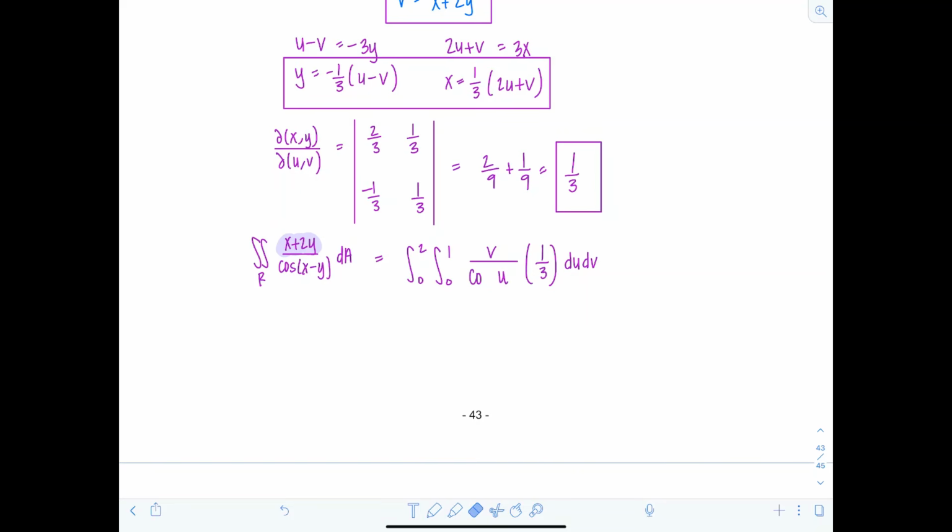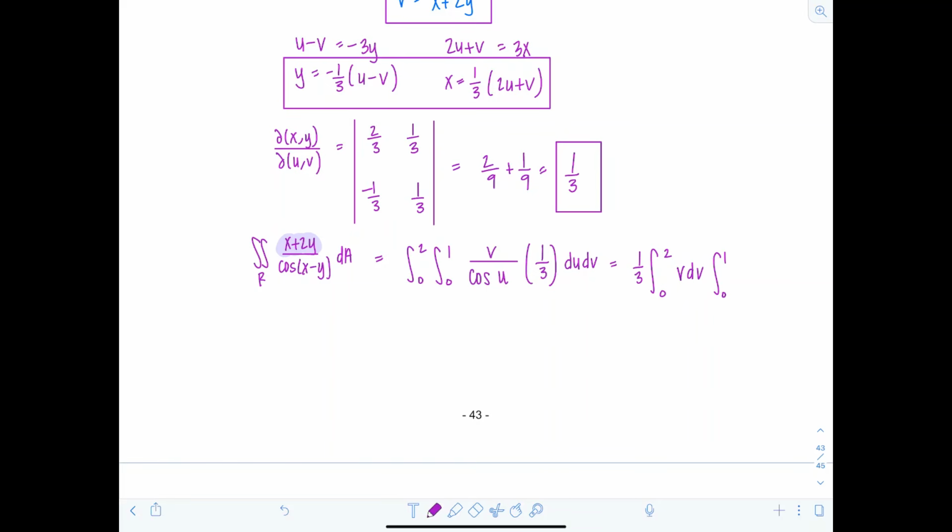All right, now notice here, all my limits are constants, and then the integrand is a product of a function of v and a function of u. So I can actually split this up into two integrals for functions of a single variable. So I'll write this as 1/3 integral from 0 to 2 v dv, and then integral from 0 to 1.